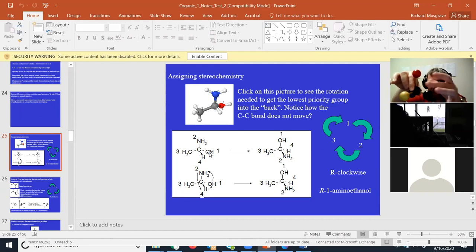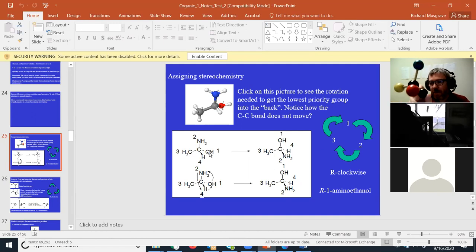So I've got it set up so that, let's see if I can do this. All right, there we go. This is difficult. All right. It's difficult because Zoom gives you a mirror image of something. So it's a tough medium through which to do stereochemistry.